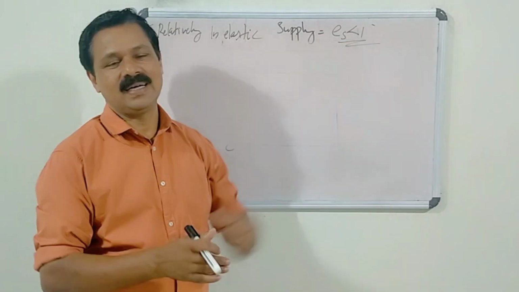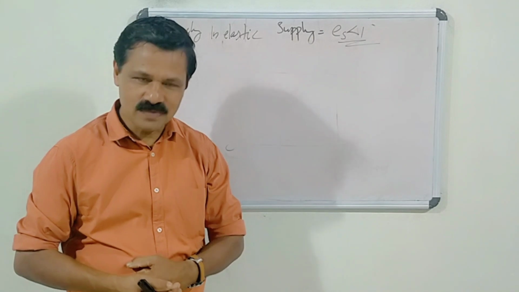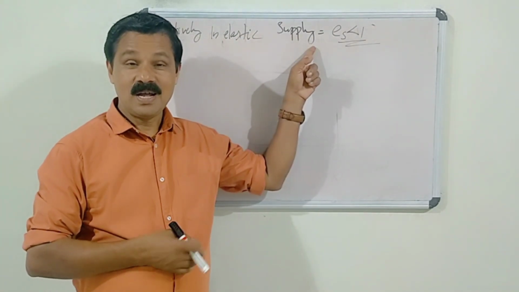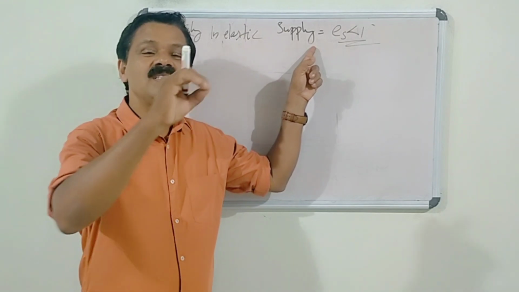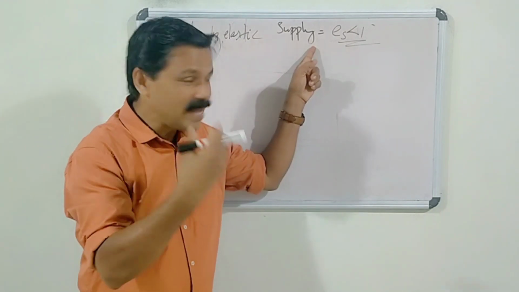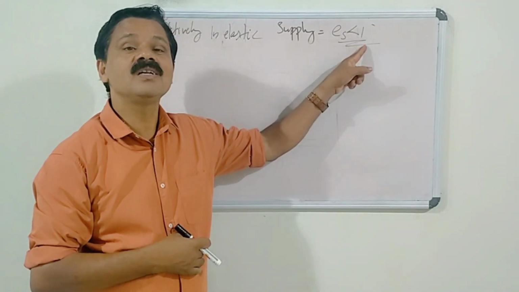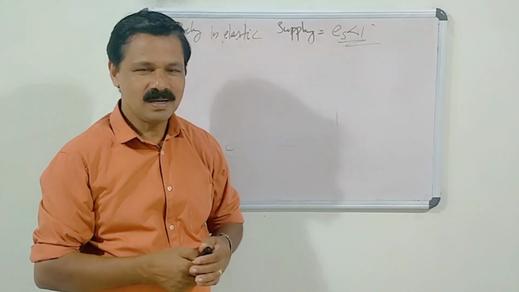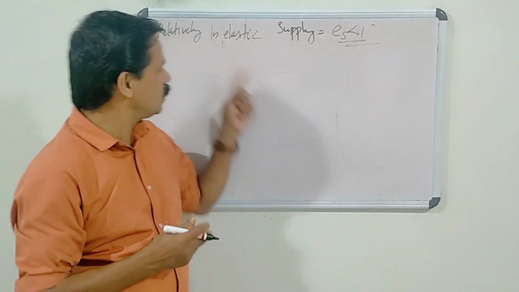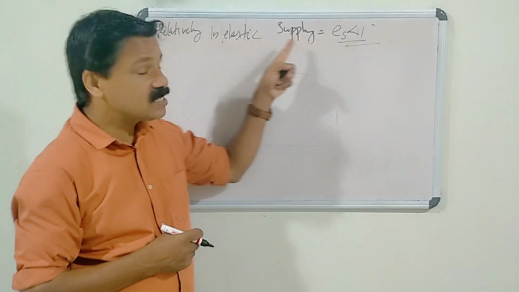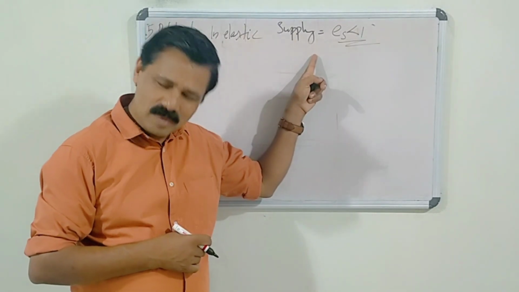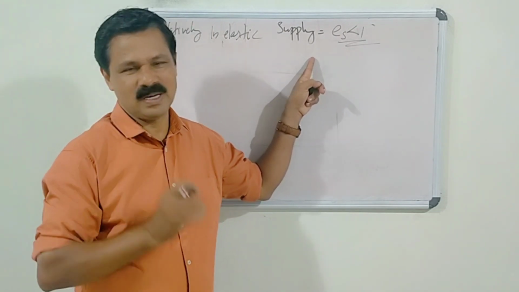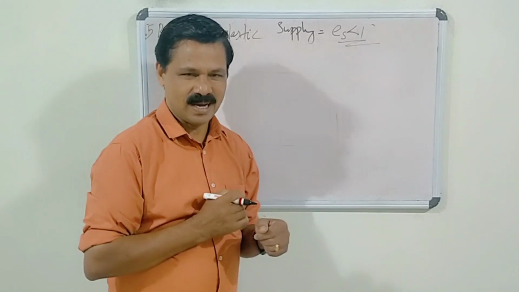It implies that if a commodity is facing relatively inelastic supply, the percentage change in supply will be much less than the percentage change in its price. Very simple. This concept can also be explained with the help of a simple figure. Just see the diagram.